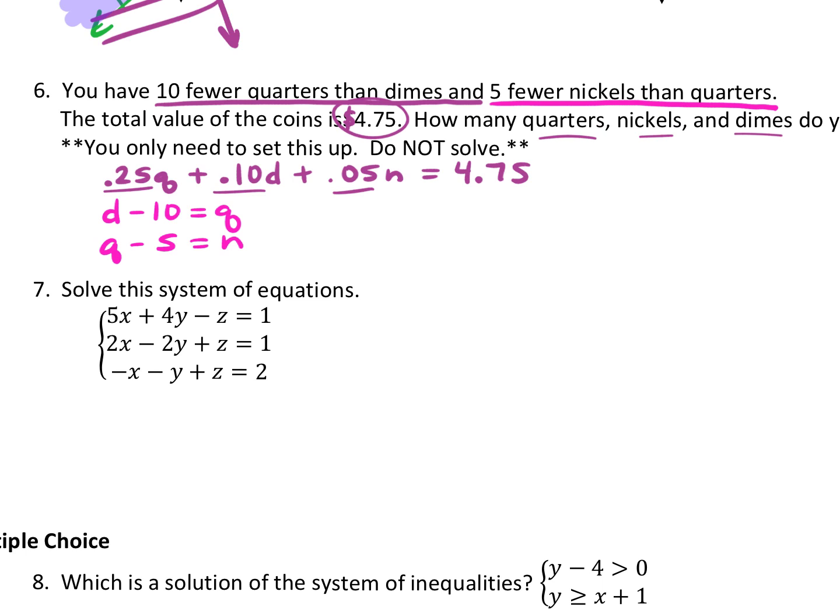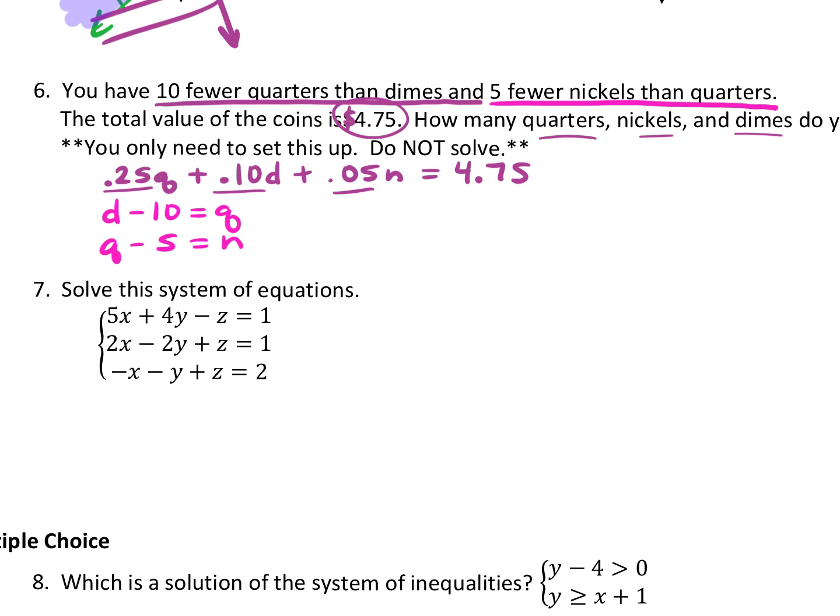Okay, number 7. This is the fancy one where you have 3 different variables. So it requires a little bit of extra work, but the beautiful thing on this one is you actually have an easy jumping off point. These are all z's or negative z's, so we can do some elimination with that pretty easily. So here's what I'm going to do.